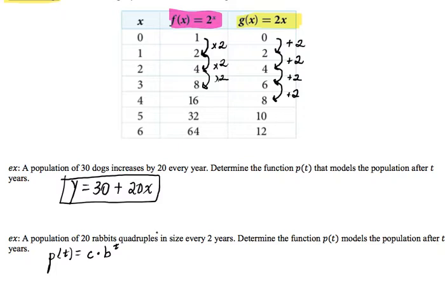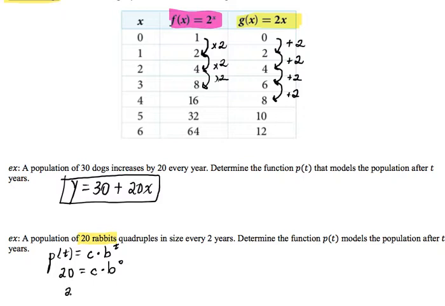All right, quadruples in size every 2 years, and we start with 20. So let's just start with the fact that we start with 20 rabbits. So that tells us that when t is 0, when we start our counter, we have 20 rabbits. So p of 0 is 20. So we can say 20 equals c times b to the 0. And this is nice because b to the 0, again, is 1.